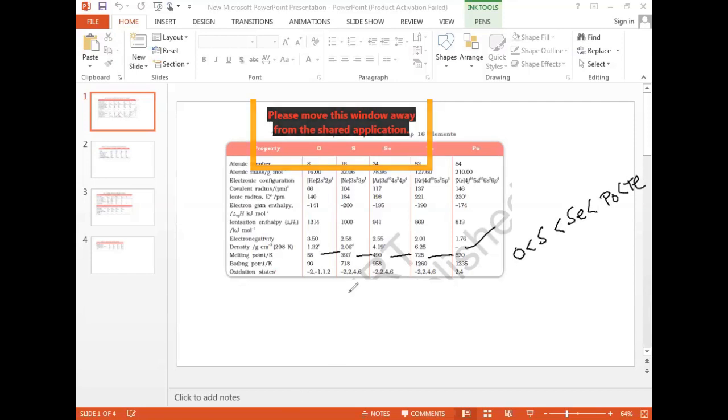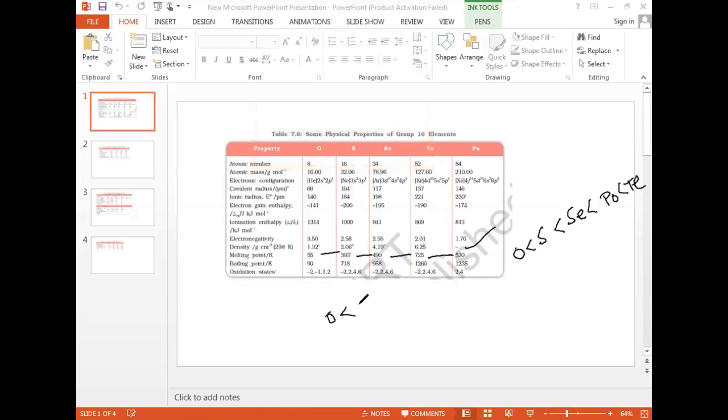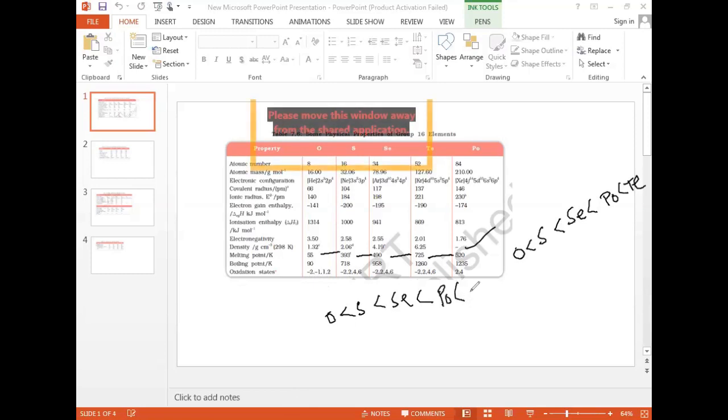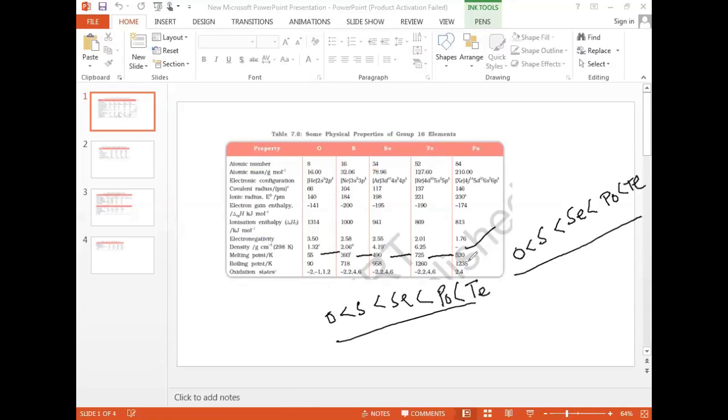The boiling points also show the same thing: oxygen less than sulfur, sulfur less than selenium, selenium less than polonium, polonium less than tellurium. It means in both the melting and boiling points, we can see the same trend.